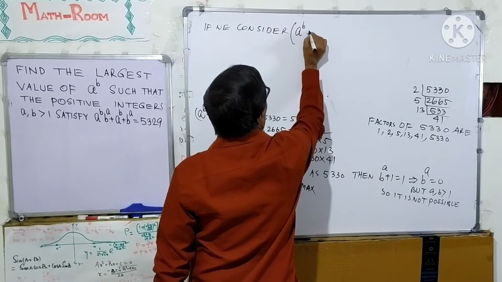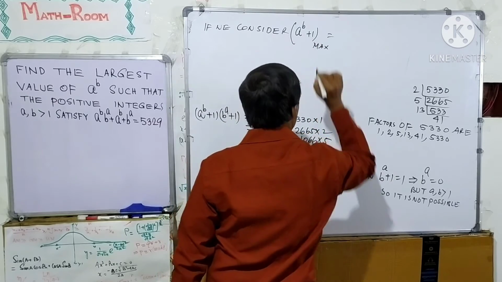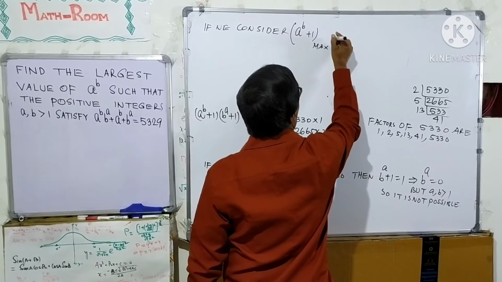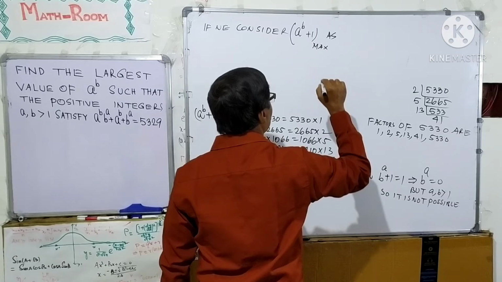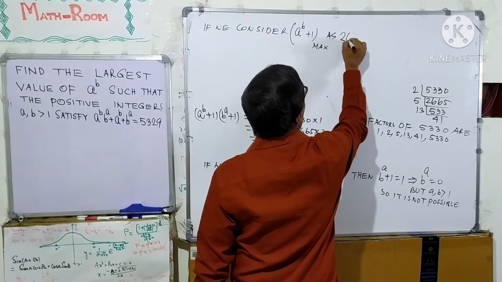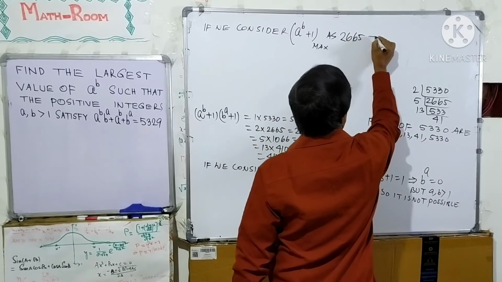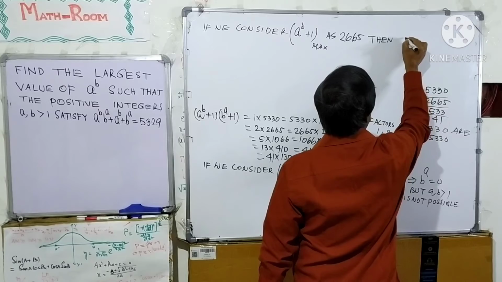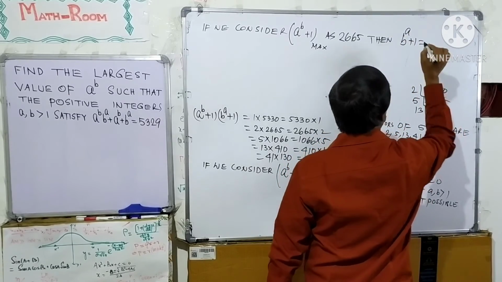If we consider the maximum value of a to the power b plus 1 as 2665, then b to the power a plus 1 must be 2.